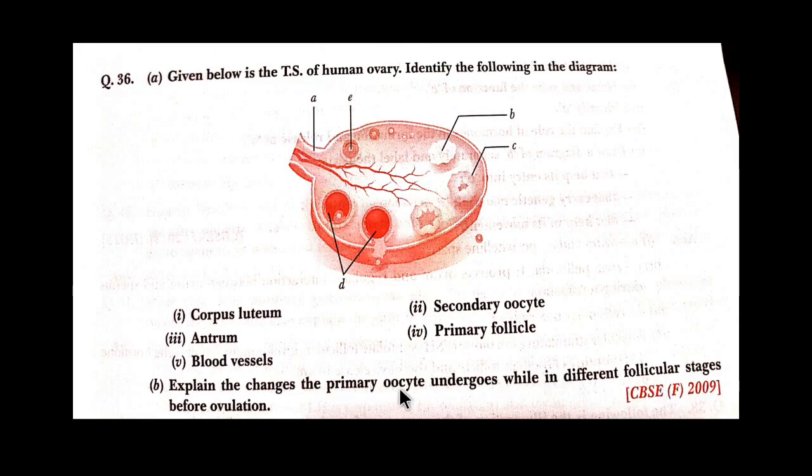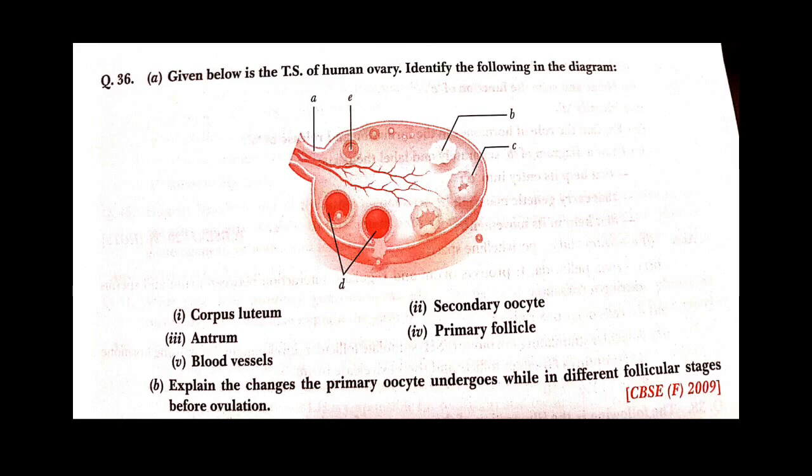So what are the changes the primary oocyte undergoes till the follicular stage? First you will write: primary oocyte gets surrounded by a single layer of granulosa cells, forming the primary follicle. Then after that you will write: primary follicle gets surrounded, as the second point.